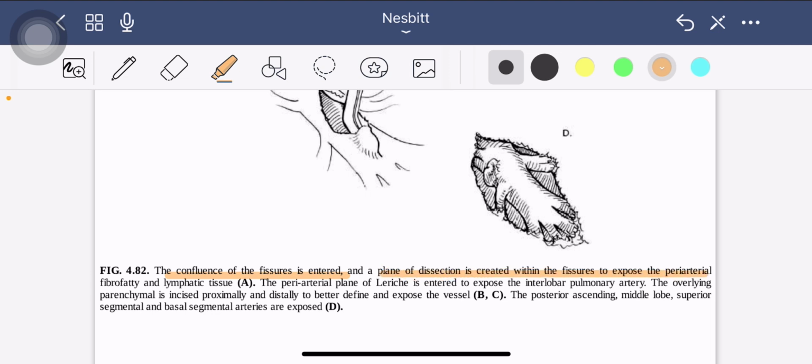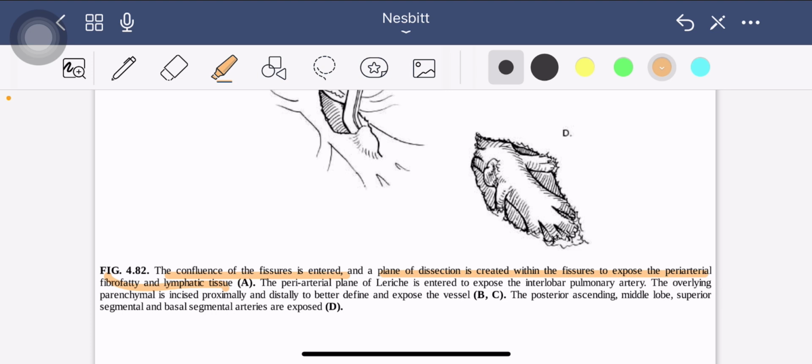The confluence of the fissure is entered and a plane of dissection is created within the fissure to expose the periarterial fibrofatty and lymphatic tissue.